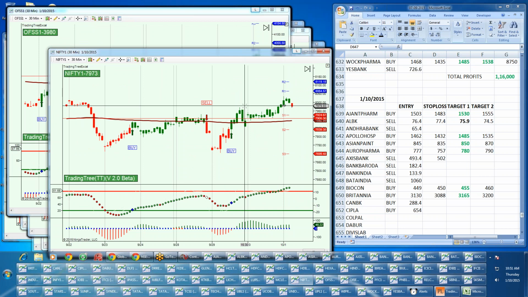So 7979 was the support for the Nifty. So in case in another 10 minutes it breaks this and then comes down, your Nifty will come somewhere near 7933.